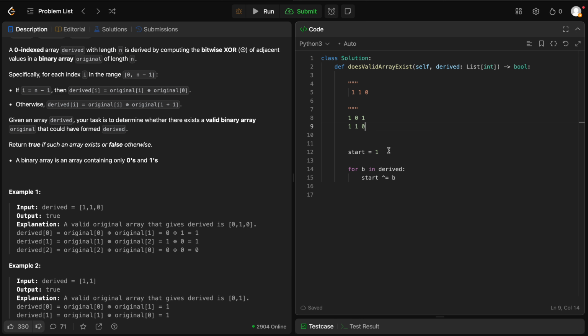Okay, so if I say start is 1, and I have this something, if it's the same, then this has to be 0.